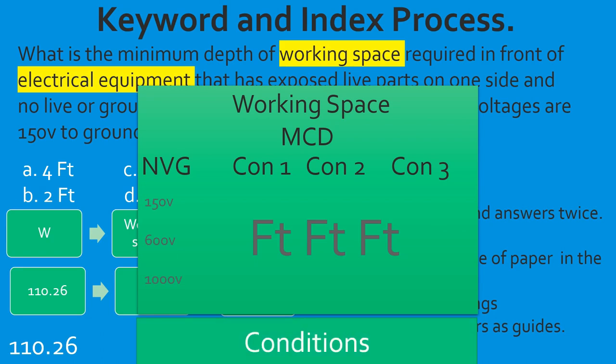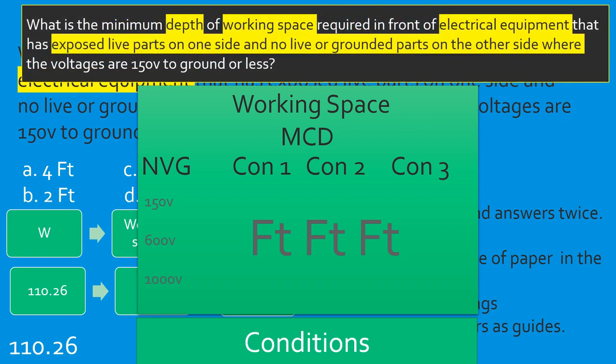So now that we've read the table, we can look back at our original question and start looking for more keywords. So we're going to start on the left-hand side. We're going to come down and find our nominal voltage, but then we have to figure out what condition we are. To do that, we head down to the conditions beneath the table, and we're going to look for more keywords in our question: exposed live parts on one side and no live or grounded parts on the other side.